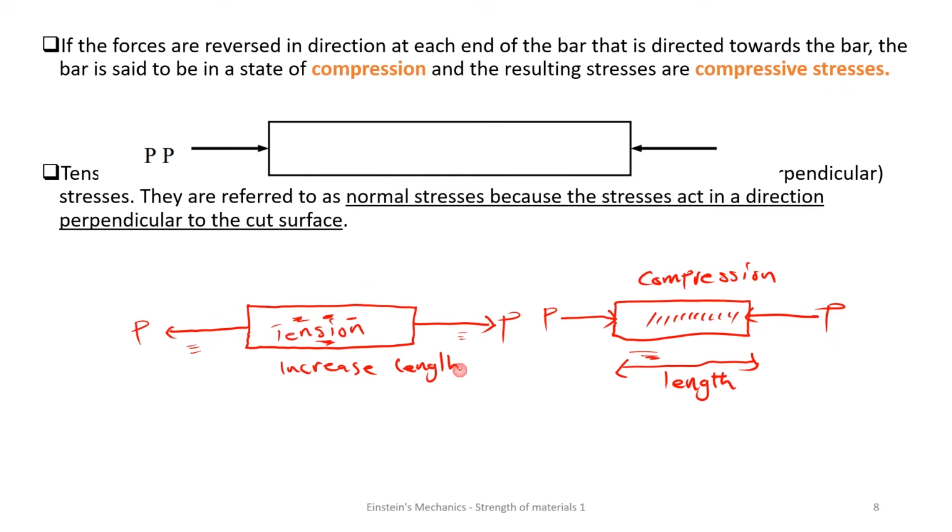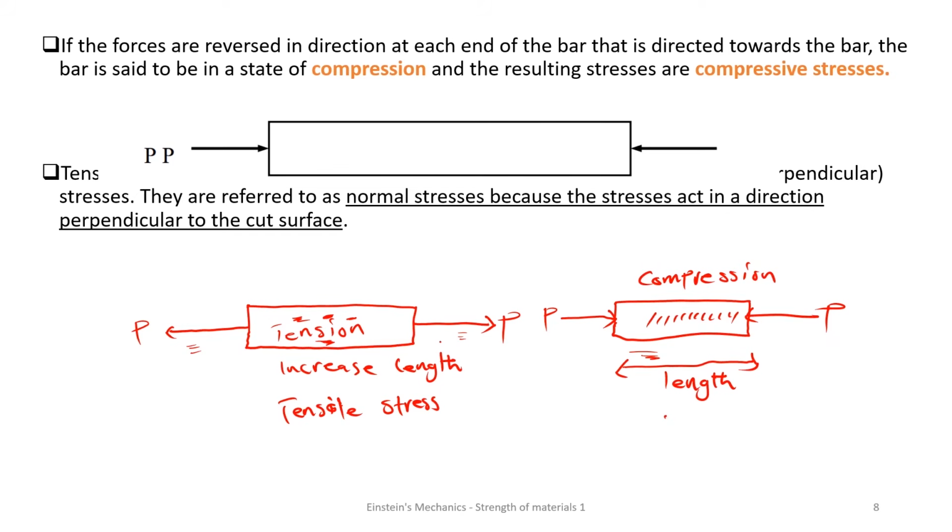So tensile stress is mostly positive. Why are we saying that? Tensile stresses are mostly positive because there's an increase in the length, while compressive stresses are considered negative because there's a reduction in the length. We'll solve most of the examples and we'll come across these things.